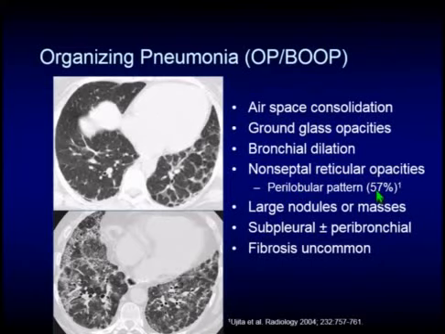This is seen, at least in one article, in 57% of the cases of organizing pneumonia. Again, if you think back to that diagram I showed you with all the secondary pulmonary lobules, you can almost make them all out here. The only difference is that rather than the septa being thick, it's more consolidation outlining the edges.